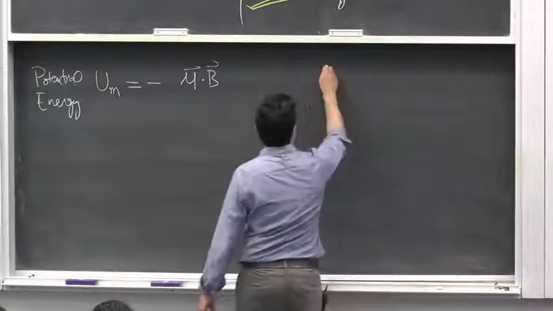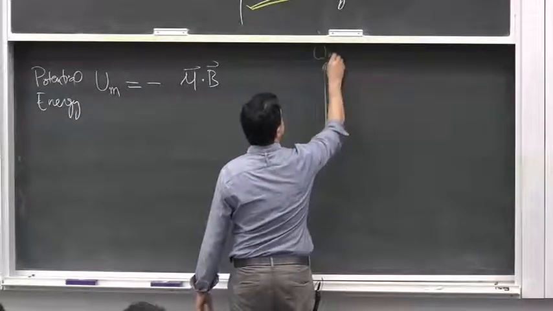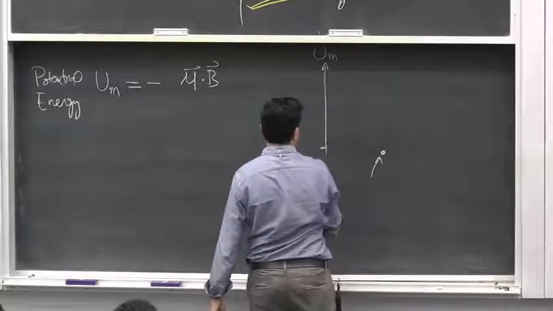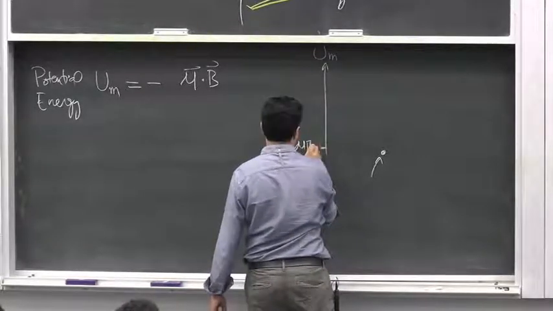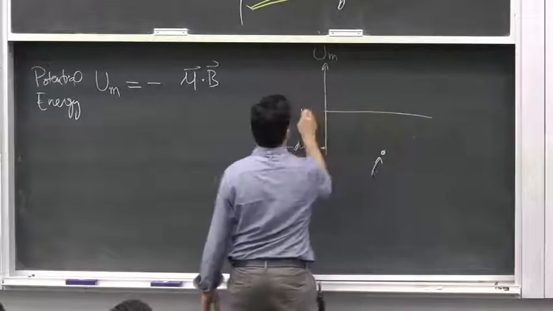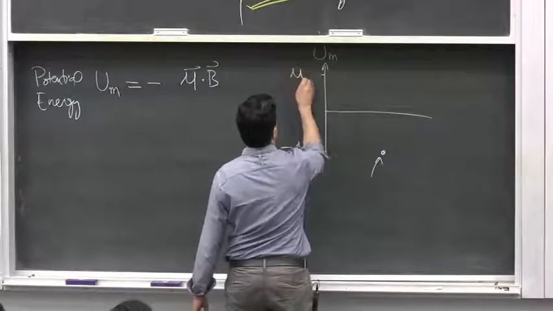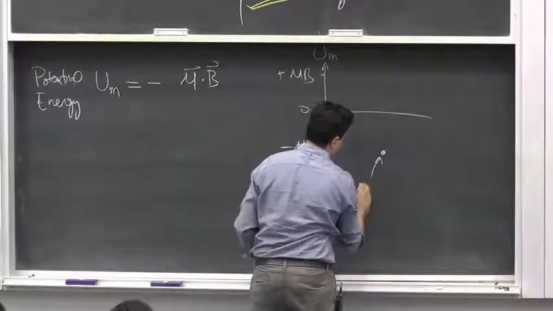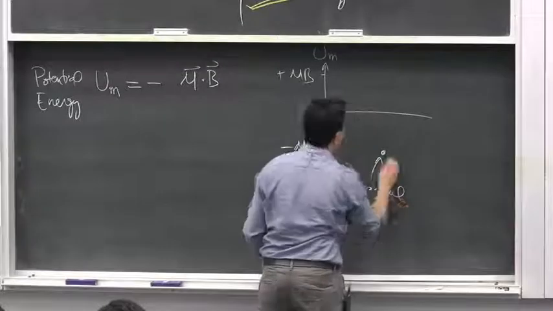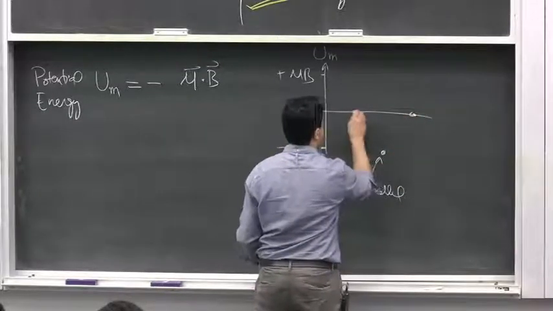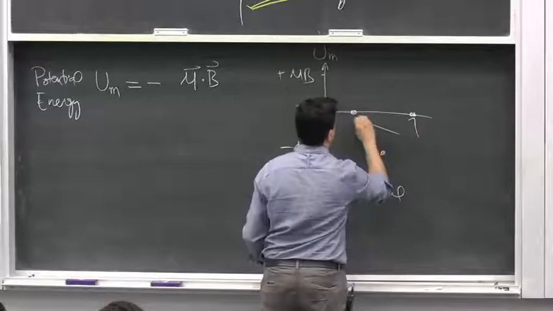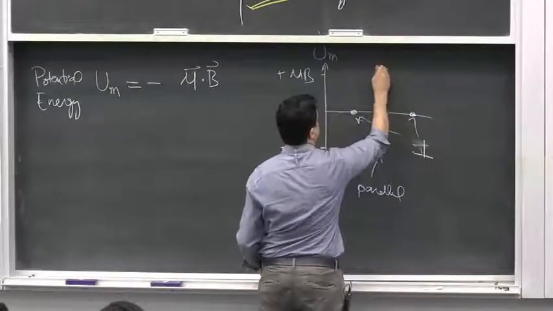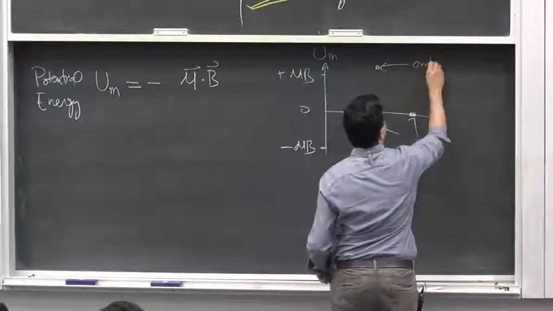So if this is U, this is the case where they are parallel. This is the case where they are perpendicular, and this would be the case where they are anti-parallel.